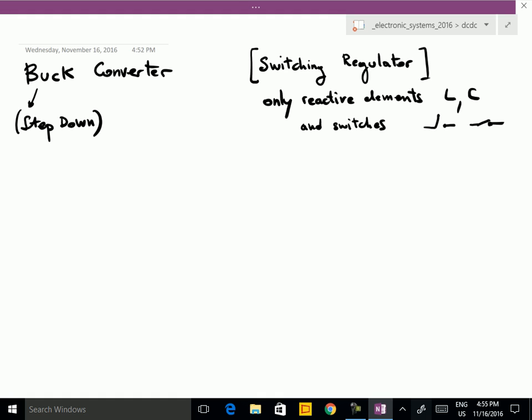When the switch is on, the voltage is 0, and therefore the product is in principle always 0. So, if you have a circuit which has only inductances, capacitances, and switches, and they are all ideal, you should have 0 power consumption in the circuit. So you should be able to pass all the power from the input to the output, and to have a conversion efficiency equal to 1. Okay? The conversion efficiency is the ratio of the output power to the input power. Okay? This is the main idea.